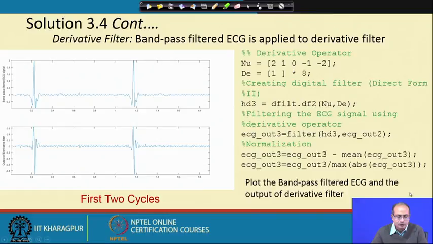And when we look at the first 2 cycles, we can see the change more clearly. It has become like 2 sets of ripples near the QRS complex, both positive and negative sides. And let us proceed for the next step.